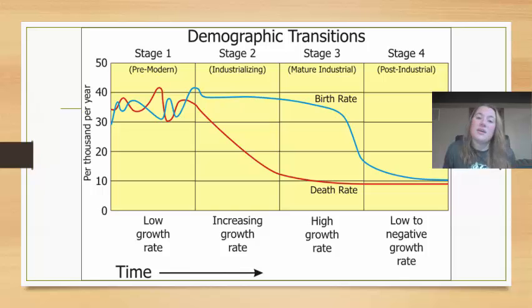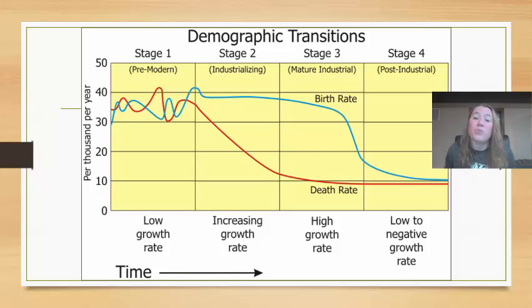But here's the thing, it takes a really long time to change the culture of having large families within a particular country. So it takes a lot of education and a lot of outreach and a lot of societal shifts in order to see that birth rate start to fall down. So what happens is we're seeing this huge population growth from a lot of babies being born in stage 2 and not very many people dying.